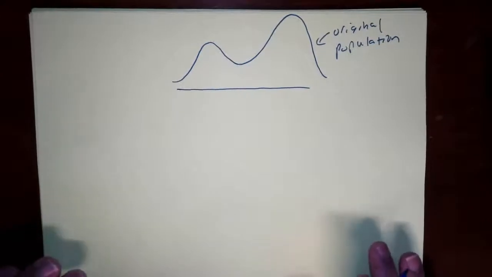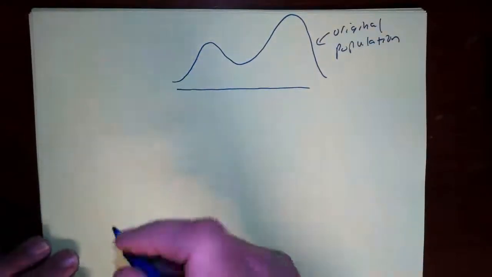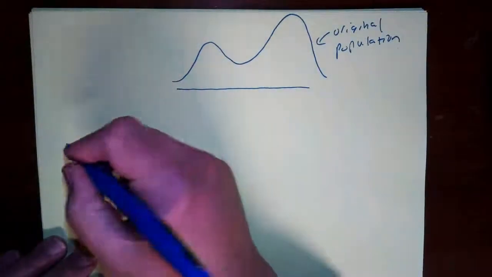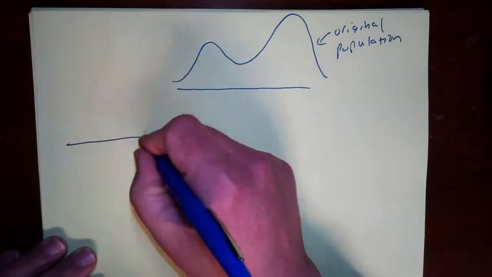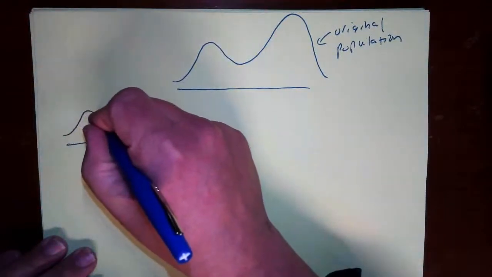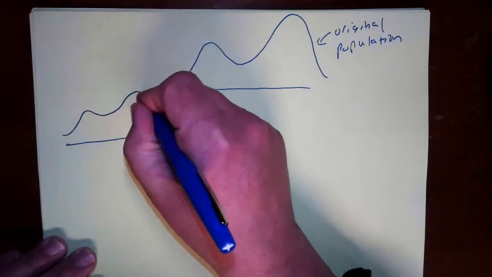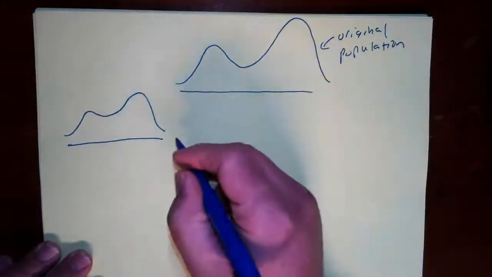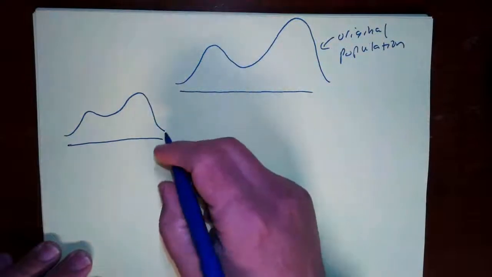Okay, so the idea here is if the distribution of x bar had samples of size 5, then what you would see happen is maybe something like this, where these two peaks are less pronounced.